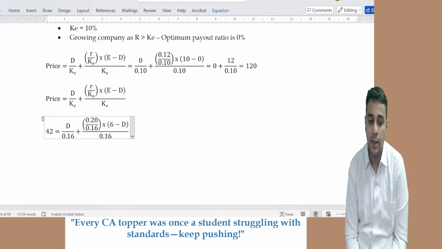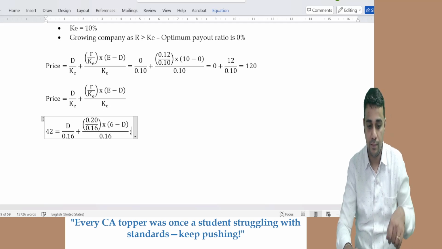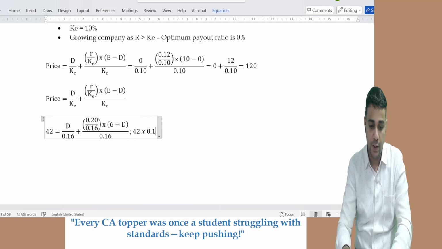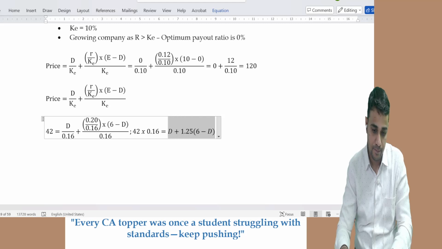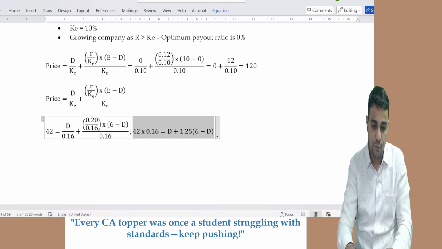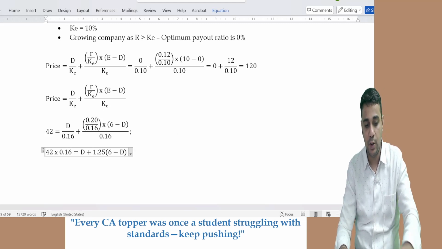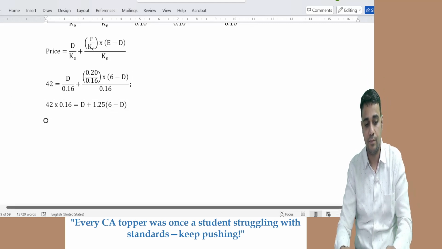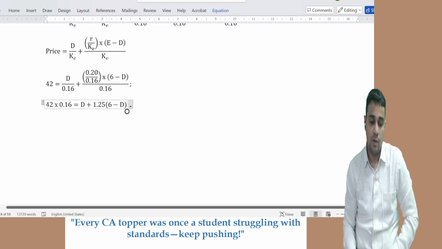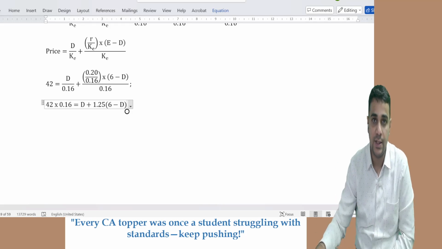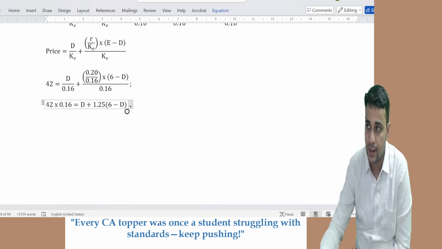So I take 42 into 0.16 equal to D plus 1.25 into 6 minus D. You solve and let me know the number. Finally answer the ratio. That is the dividend. Ratio means dividend by earnings.